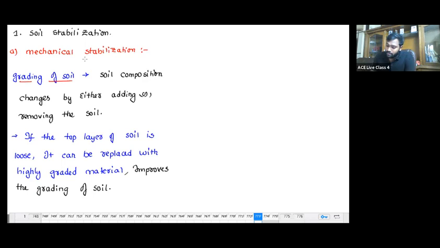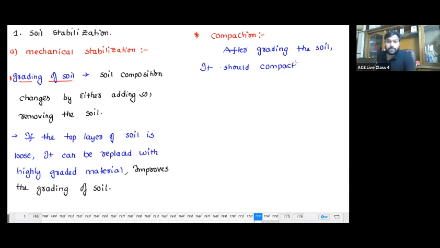And then we are going to do the compaction after grading the soil. It should be compacted. So what is the purpose of the compaction? You know I have given you the necessity of compaction: to improve the strength, to reduce the permeability, and to control uneven volume changes like swelling and shrinkage.